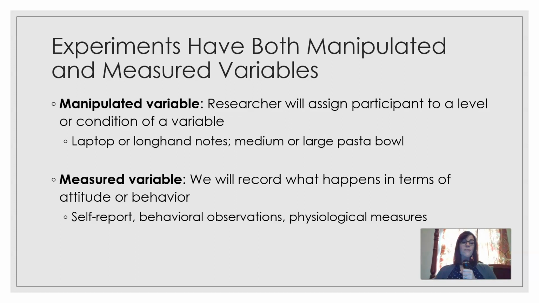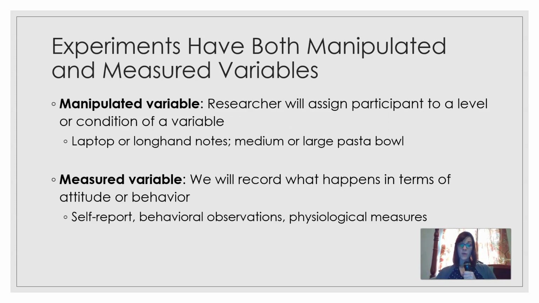We also have a measured variable. We're going to record what happens in terms of changes in attitude or changes in emotion or changes in behavior. And this can include things like self-report. This can include various behavioral observations, things like accuracy, reaction time, behavior that's being coded.